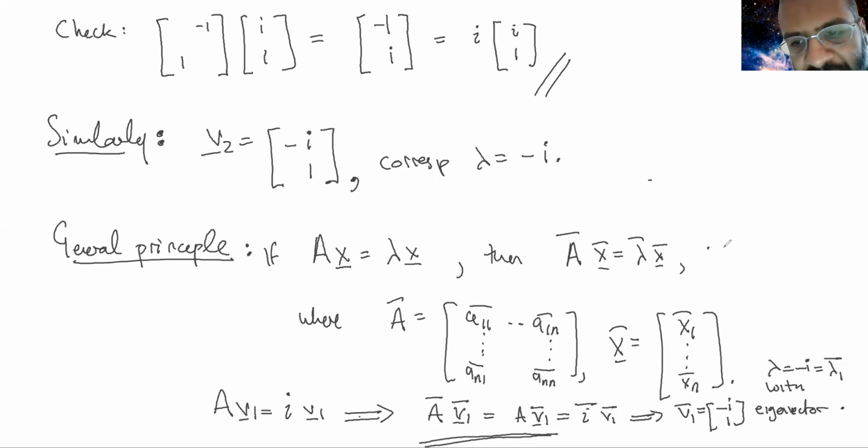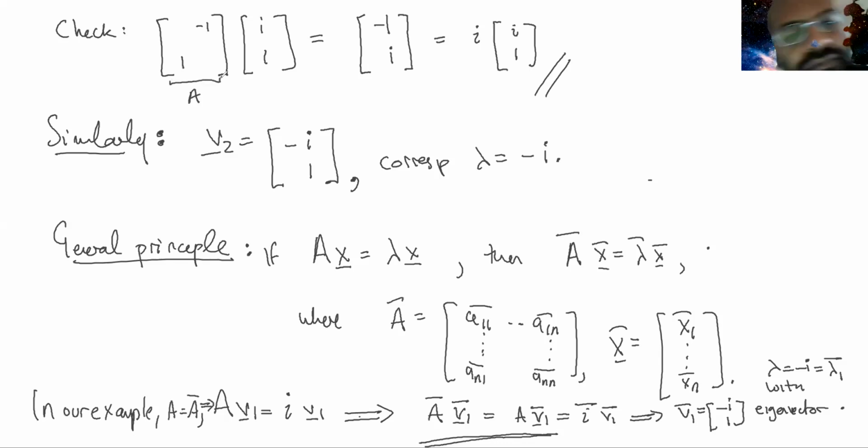So I should clarify this by saying, in our example, A equals A bar. So this is true. In our example, A is this matrix here. Taking the conjugate of a real matrix doesn't change it. Does that make sense? Okay.